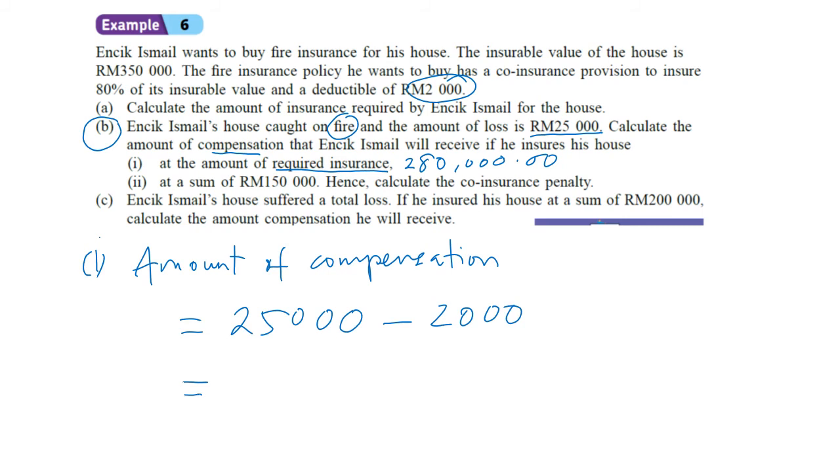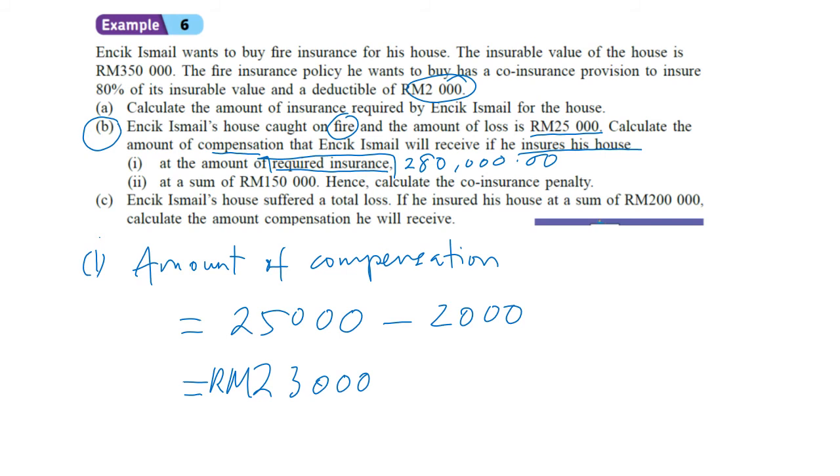So the amount of compensation that the insurance company will pay is RM 23,000, because Encik Ismail insured his house at the amount of required insurance.